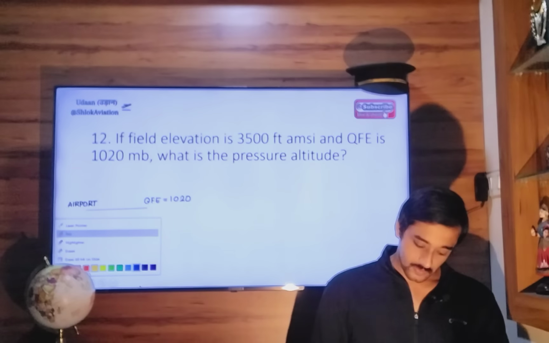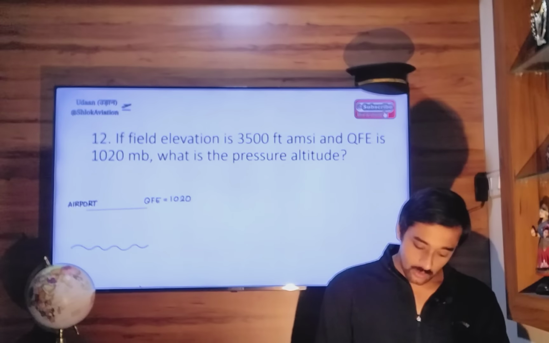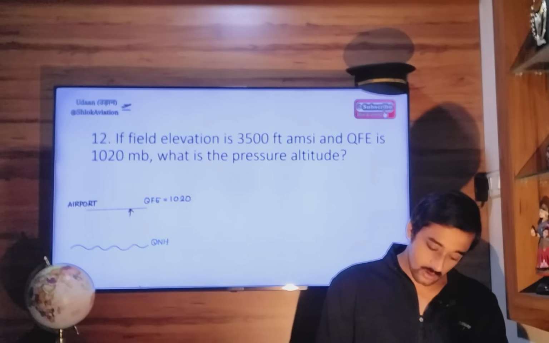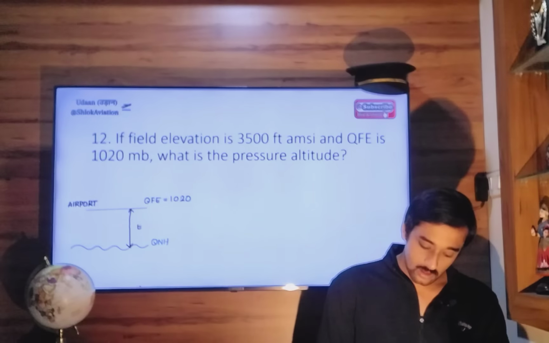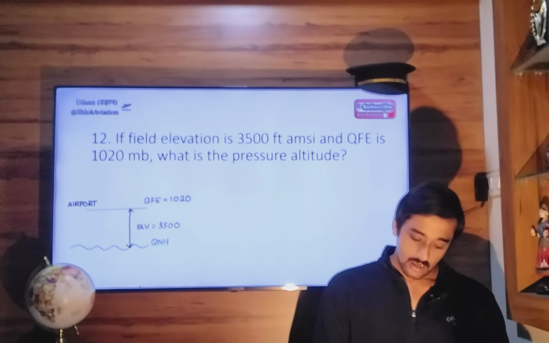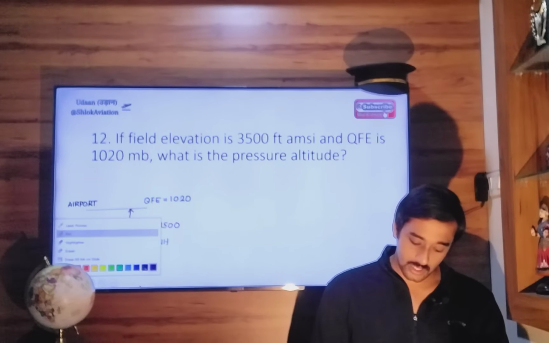So let's say QNH is this. Elevation is equal to 3500. Okay, 3500, and we are told to find out pressure altitude.